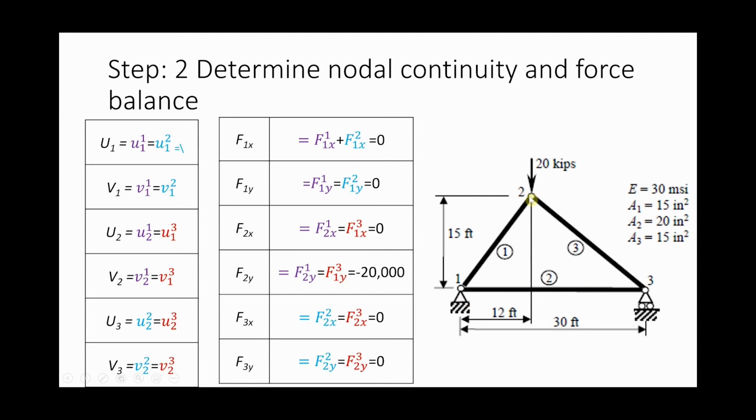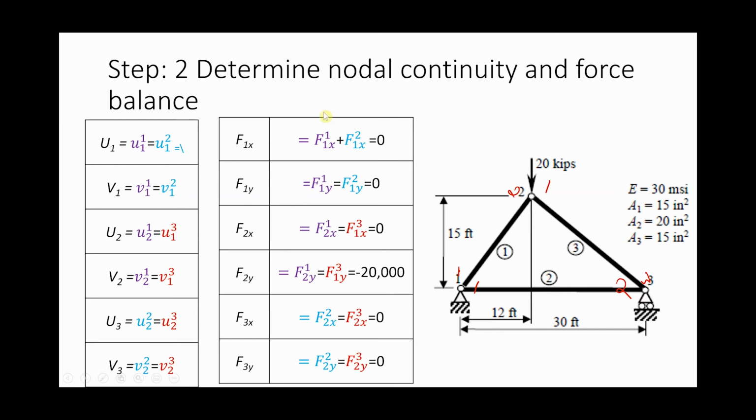At point 2 we have end 2 of element 1 and end 1 of element 3, because I labeled it this way. If you were to number your picture differently, you would get a different nodal continuity. And at point 3, we have N2 of element 2 and N3 of element 3.